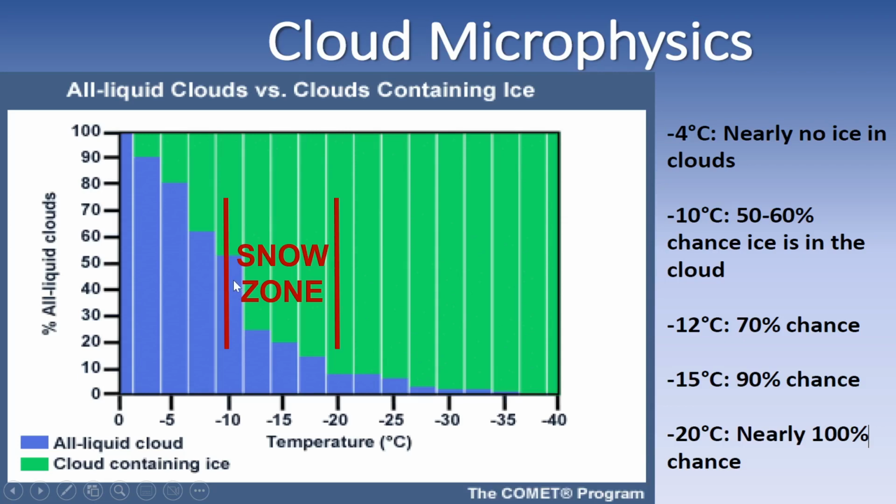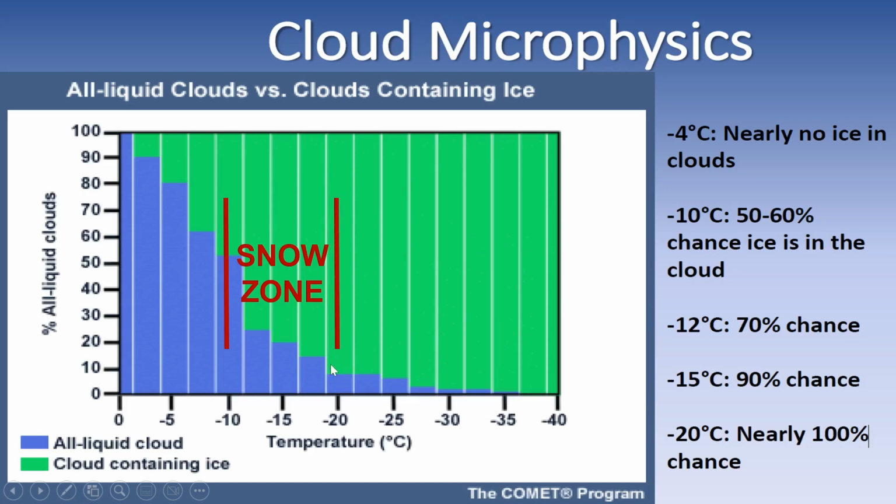And remember, that sodium chloride, the salt, and the clay particles in our atmosphere that are dissolved in the water, they activate at about -8 to -9 degrees Celsius. So -10 roughly is the beginning, the low end of where we start to see the snow growth zone. Now that goes up to about -20 degrees Celsius, where by the time you reach -20, notice all this green here representing that most of the cloud at this point contains ice or snowflake-type particles.